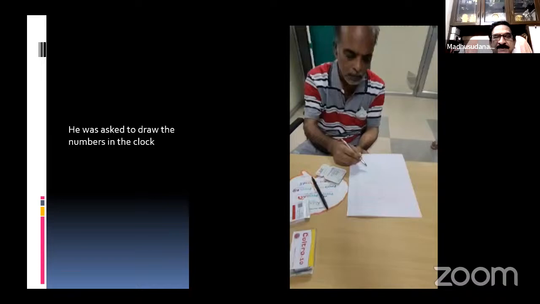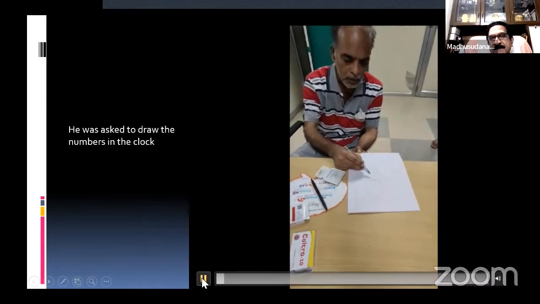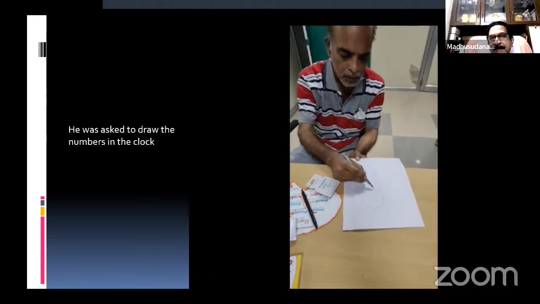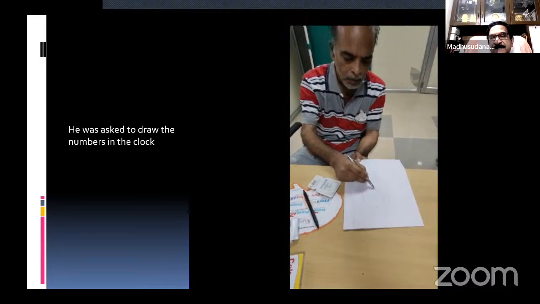He was asked to draw the numbers on the clock. There is a circle there, and this is how he's drawing outside the circle.